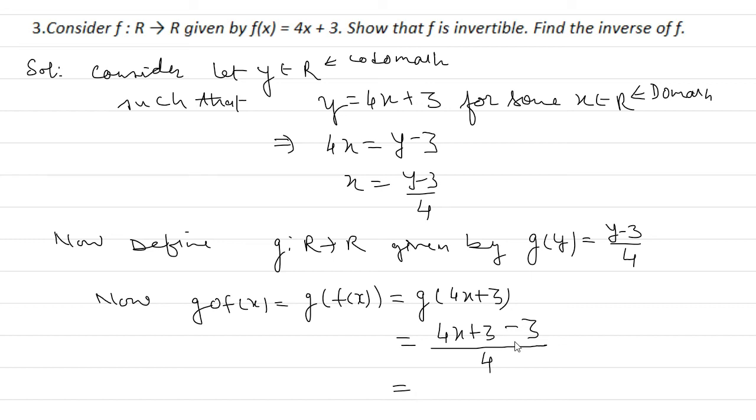Now this 3 will cancel this 3. You will have 4x divided by 4. Finally, we will have 4x upon 4 is equal to x.